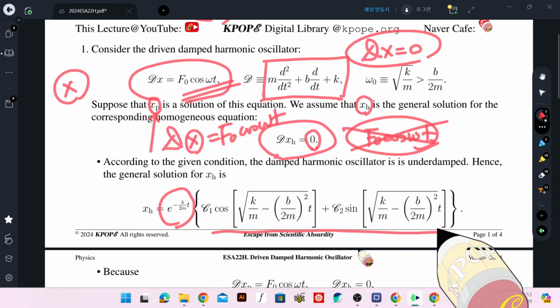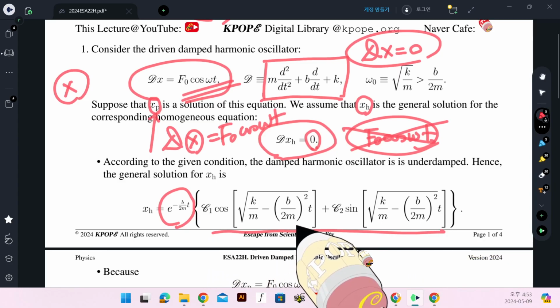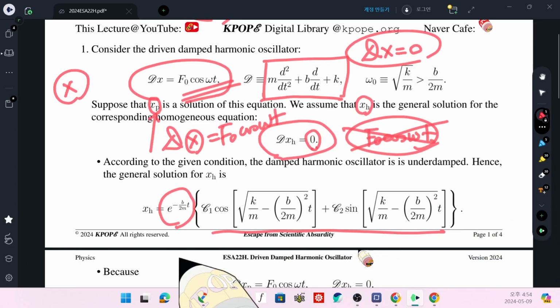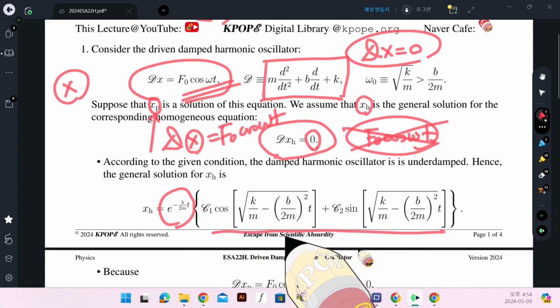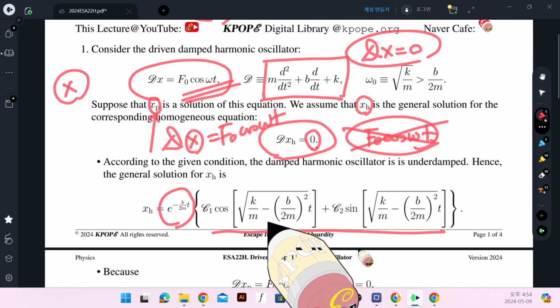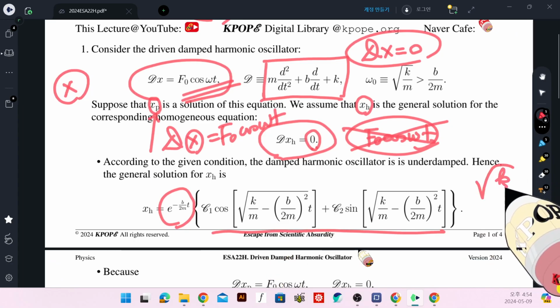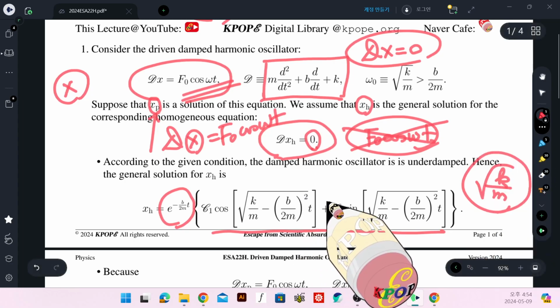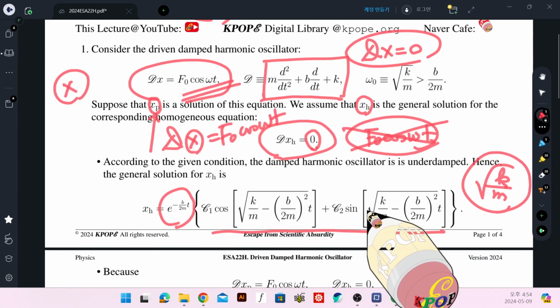The oscillating factor is periodic, but the whole function is not periodic anymore because of this exponential factor. The frequency of this damped harmonic oscillator solution is slightly smaller than the characteristic angular frequency for the corresponding simple harmonic oscillator.